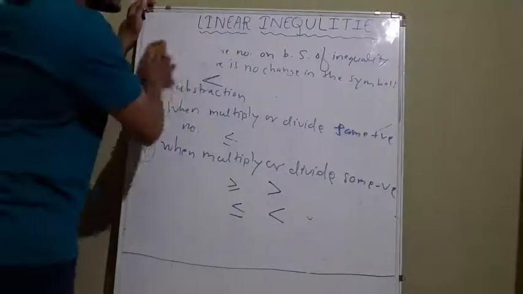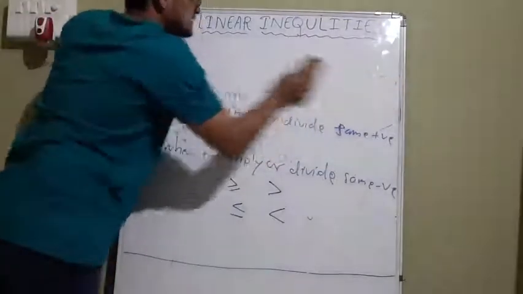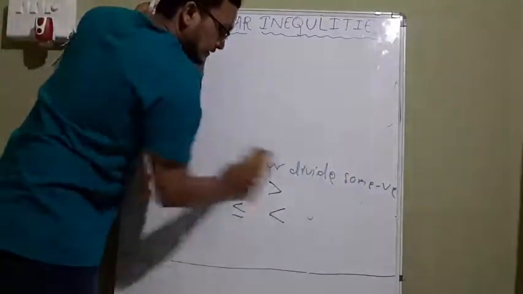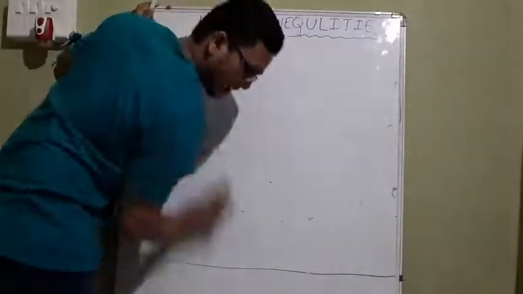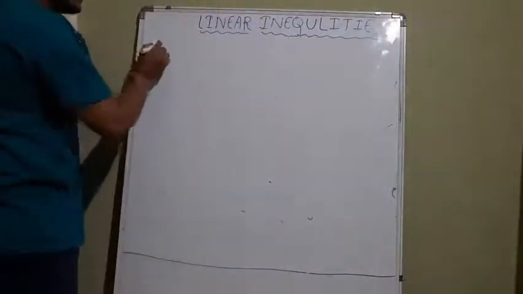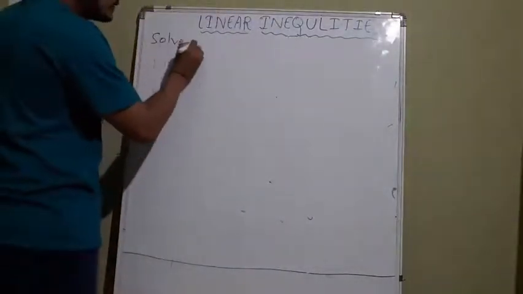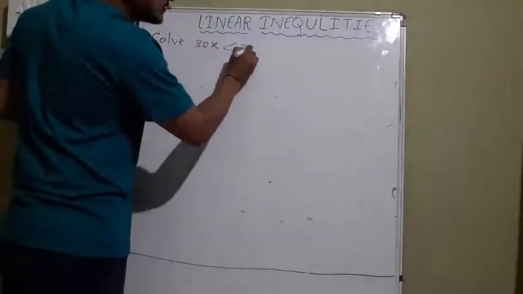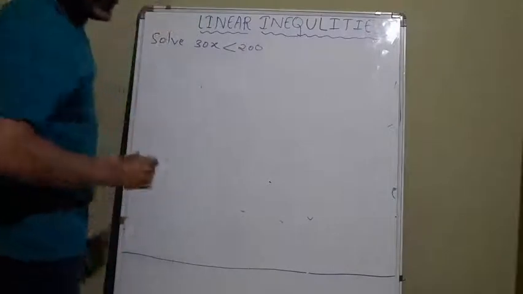Now let us take 2 examples to understand the rules. I'll take the first example. Solve 30x less than 200.